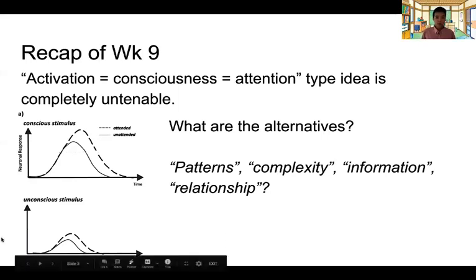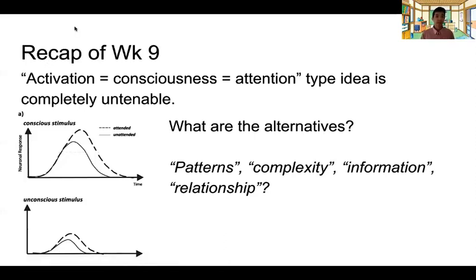And then as an alternative to explain consciousness as well as attention, it's not the amount of activation itself, but the patterns of activation, or complexity, or informativeness, or the relationship of the activation between the neurons. That's the entire bigger picture of the lectures from week 10 to 12.